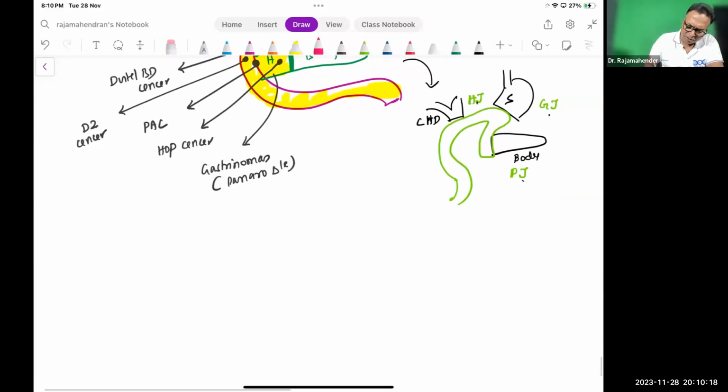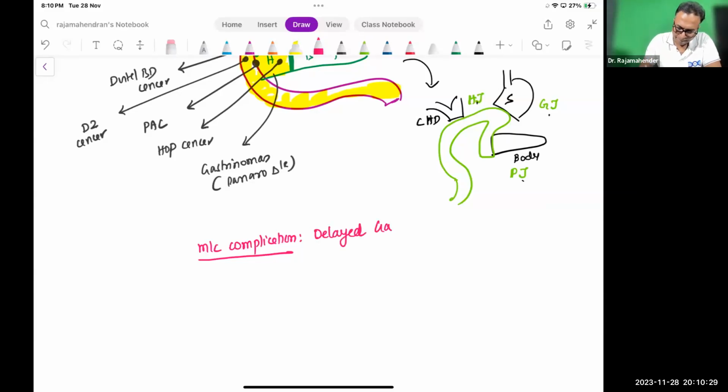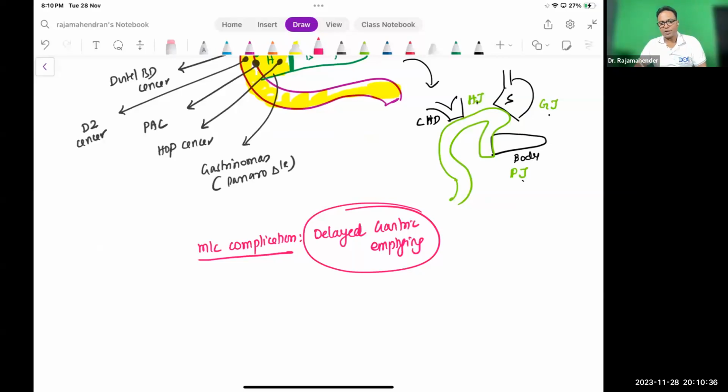So after Whipple's operation, what is the most common complication? Since I am cutting the pylorus, patients can develop delayed gastric emptying. This is a very common complication. What is the most dangerous complication? Most dangerous complication is, please don't forget, pancreatico-jejunal anastomotic leakage.